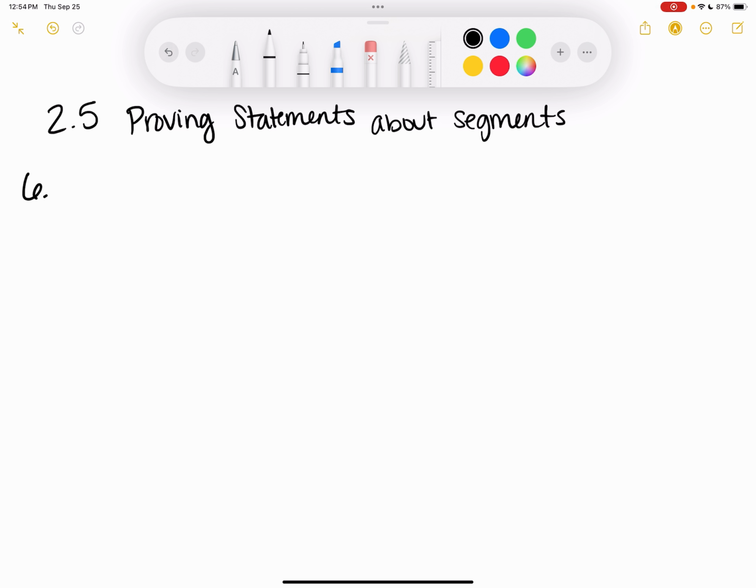So number 6, this is the reflexive property of segment congruence.